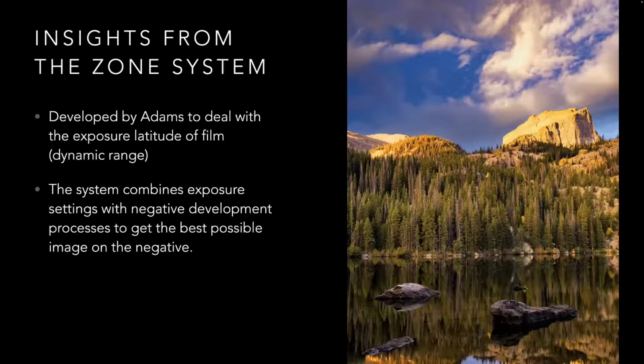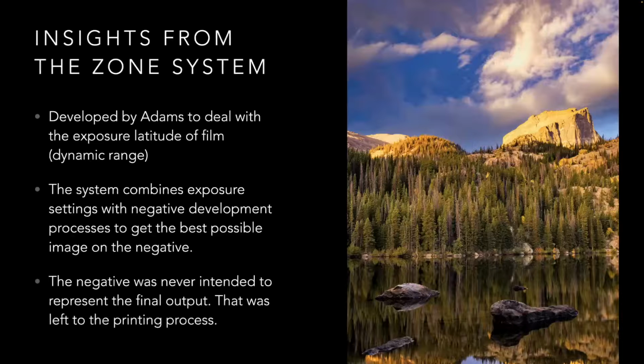So keep it dark. But I pushed the exposure by a stop or so in the development process to make those tones brighter, but he exposed them so they were darker and still retained the detail on the piece of film. This is critical. The whole point of the zone system was to give Ansel Adams the best quality negative he could get, and the negative was never intended to represent his final output.